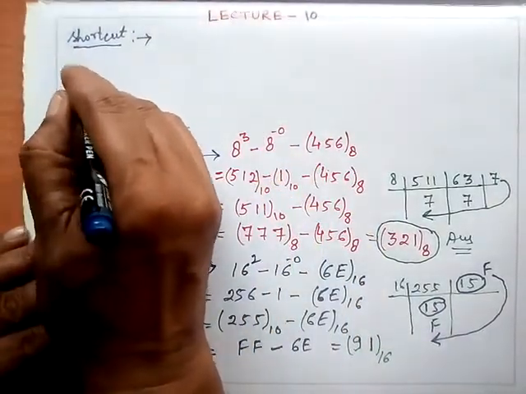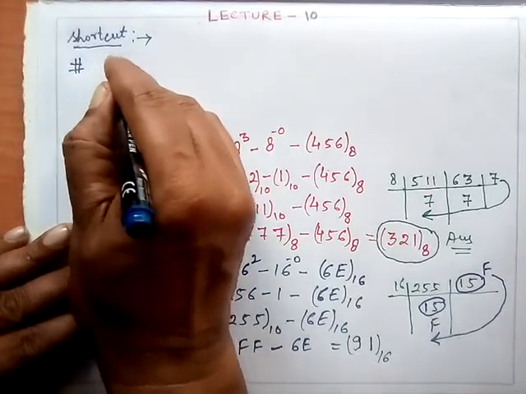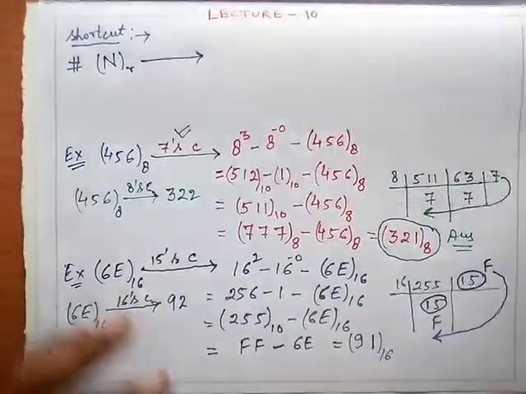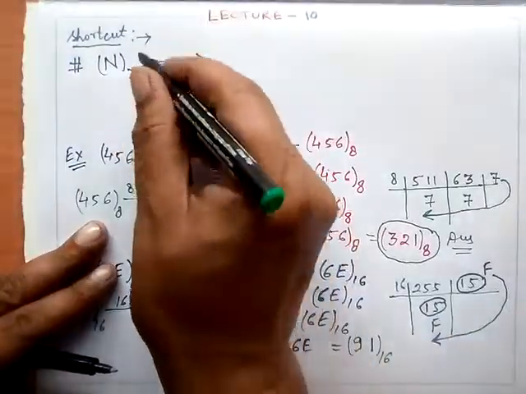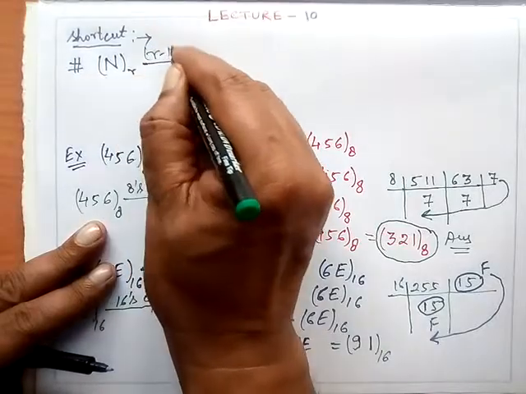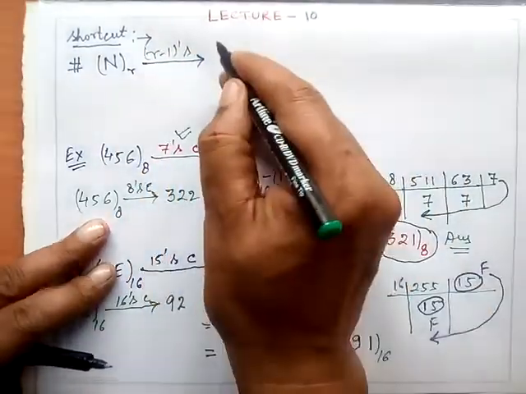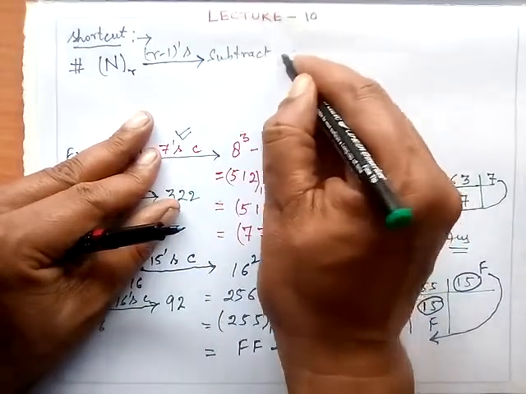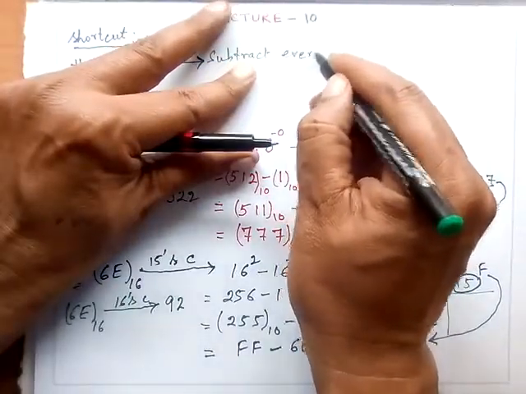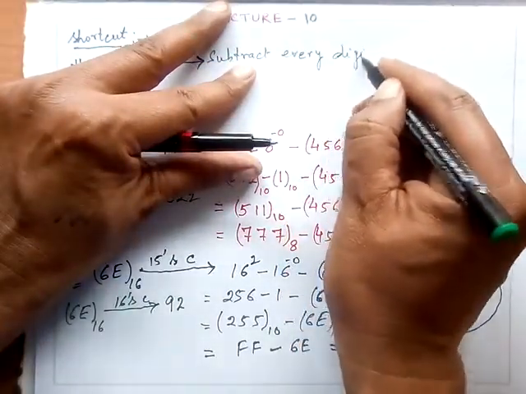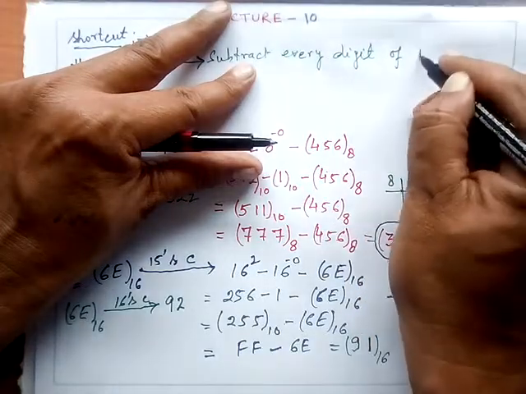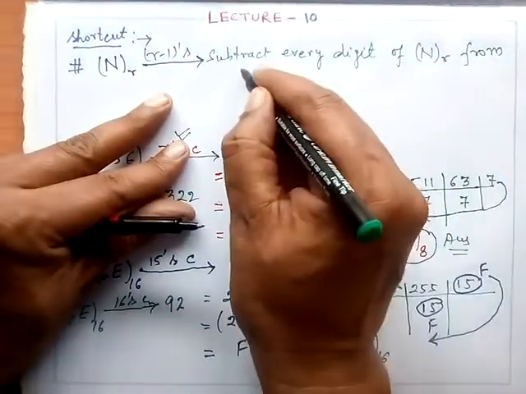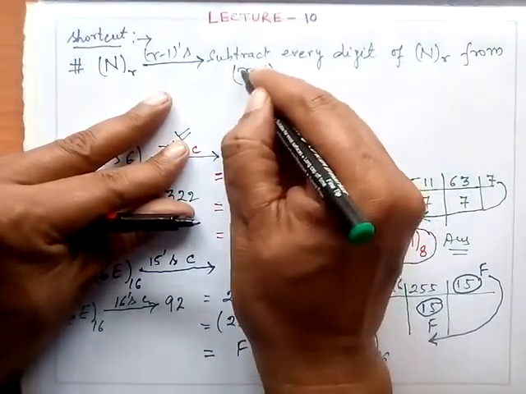First of all, if you have any number N with base r and you are interested in the r minus 1's complement, the shortcut is to subtract every digit of the given number N base r from r minus 1.